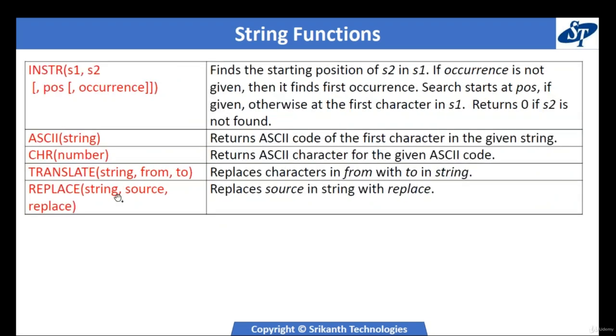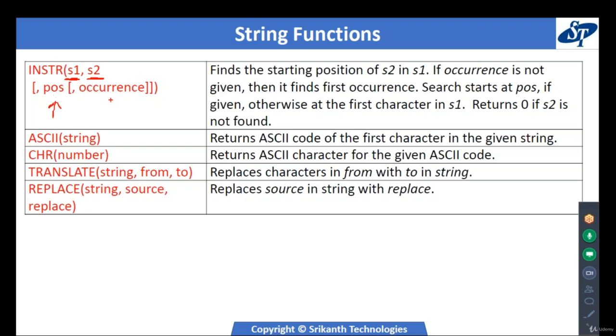INSTR is to look for a substring in the main string. I want to know whether a substring is present in the main string. So S1 is the main string, S2 is the substring. If you don't give anything else, we look for the first occurrence of S2 in S1. But if you are looking for S2 from a specific position, you can give the position here.